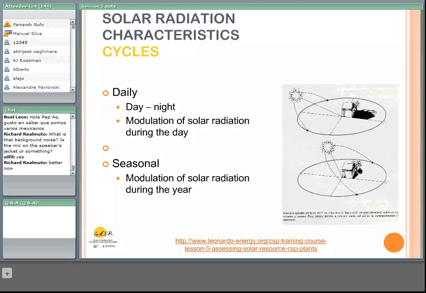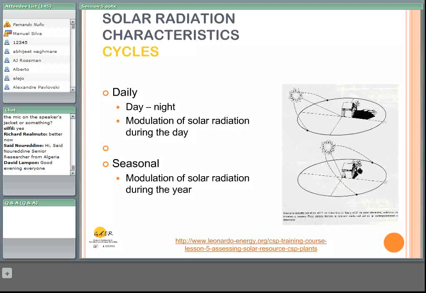We all know that the maximum of solar radiation, especially during clear days, is near solar noon, and that it decreases as we approach sunrise or sunset.